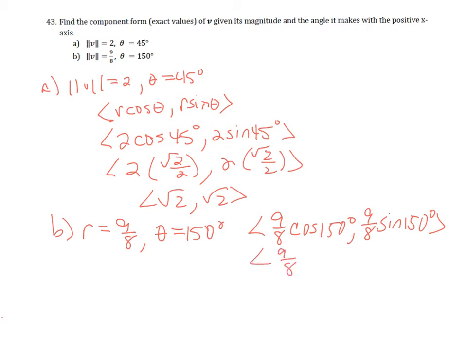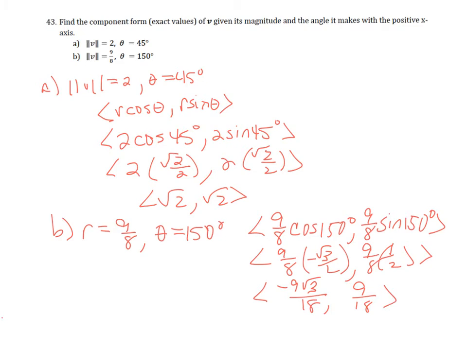So that's 9/8 times negative square root of 3 over 2, and then 9/8 times positive 1/2. You want to distribute, and our final answer would be negative 9 square root of 3 over 18 and 9 over 18. So that's how you do 43.